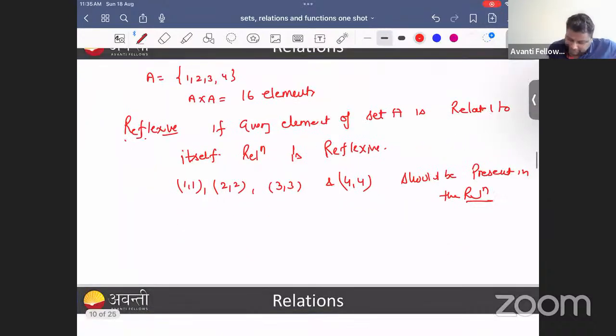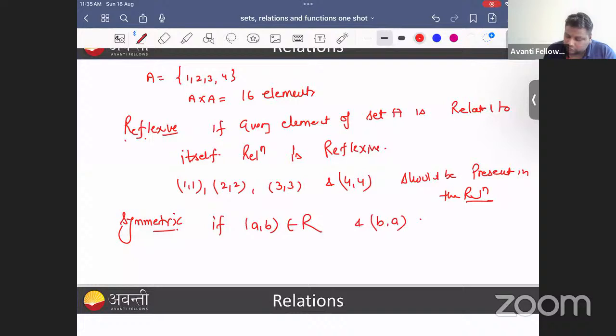Now, what is a symmetric relation? Symmetric relation. Now see, if (a, b) belongs to the relation and (b, a) also belongs to the relation, it is symmetric.